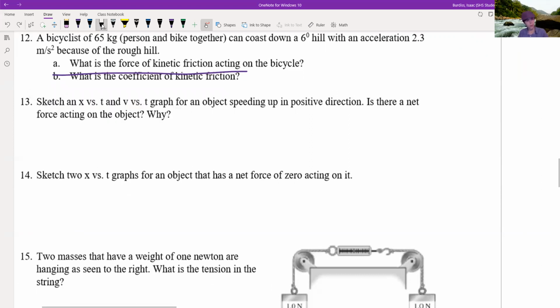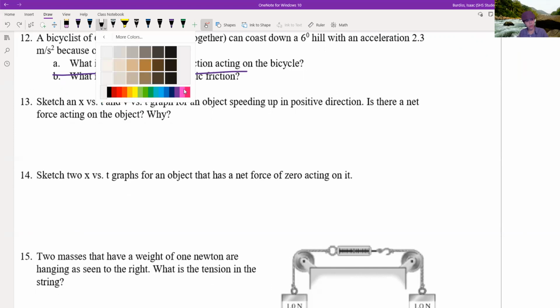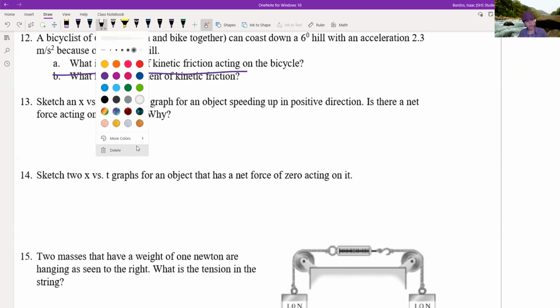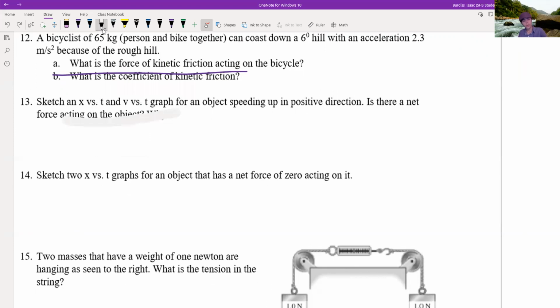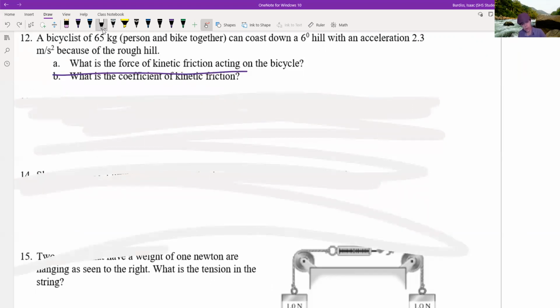That's not white. 4 colors. I thought that was white. Whatever. I'm just going to cross out these things so that I can have more room to write.